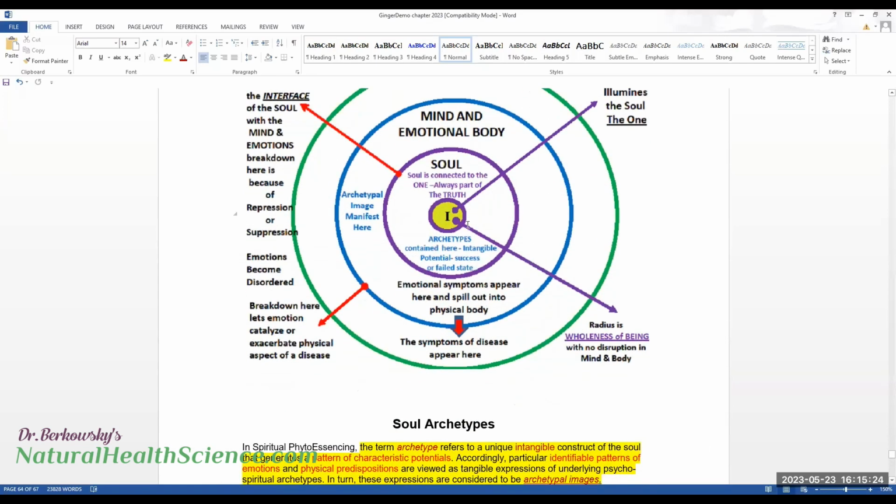So here's the I, right here. So if you're operating from the real self-consciousness, directly from here, from this interface between the soul and the mind body, if right in this purple line here is where your decision-making process, your evaluation process is emanating from, then you are operating from a point of the infinite, of infinite knowledge.